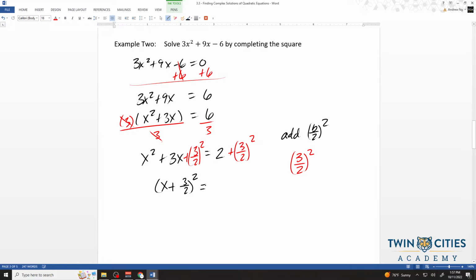And this is equal to 2 plus, okay, this is 3 squared, so 9 over 4, because 2 squared is 4. And let's rewrite 2 as something over 4. That will be the same as saying 8 over 4. So x plus 3 halves squared is equal to 8 plus 9 is 17 fourths.